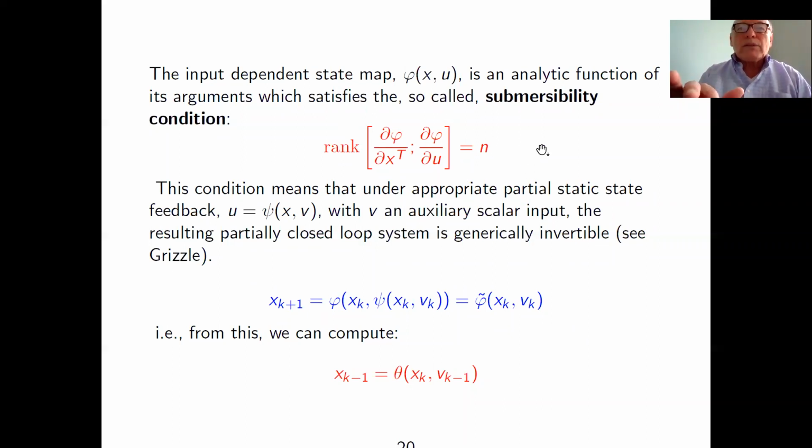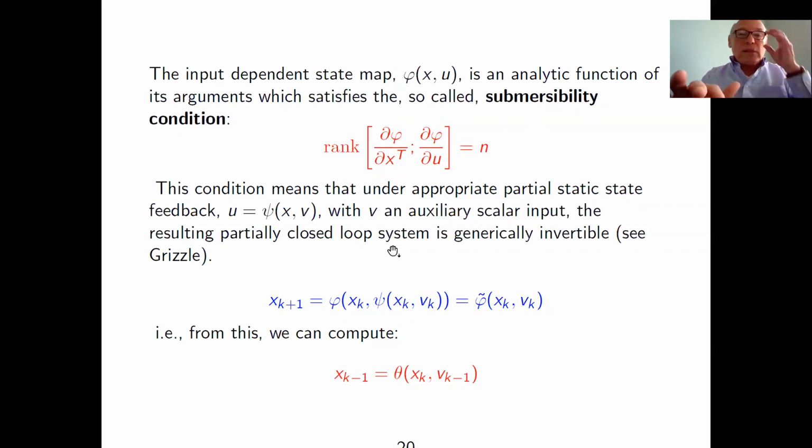Well, the Cayley-Hamilton theorem applies directly because what you're dealing with in the linear case is matrices. But here it's a little bit different, and the Cayley-Hamilton theorem does not apply immediately. So in order to guarantee that finiteness, you have to make an assumption like this.